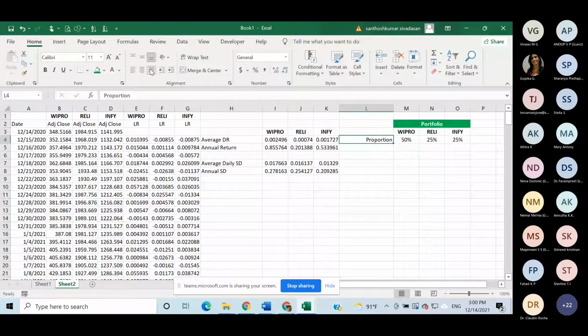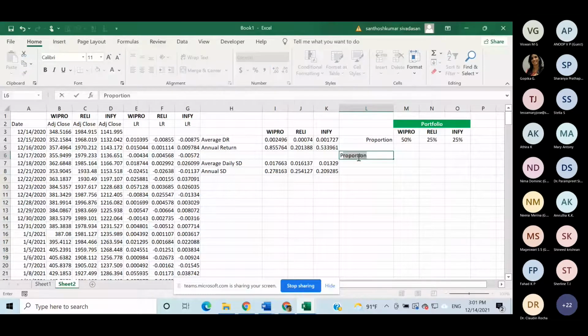So what I am looking for, I want the portfolio return. Portfolio return is a weighted average of individual stock returns. So these are the individual annual returns.